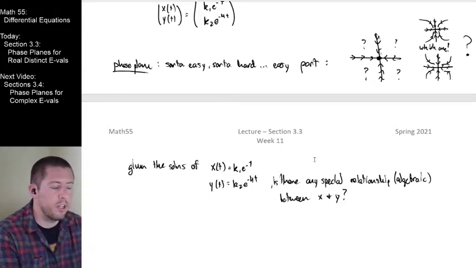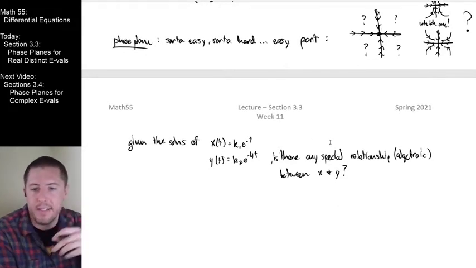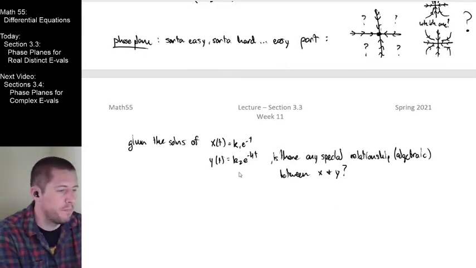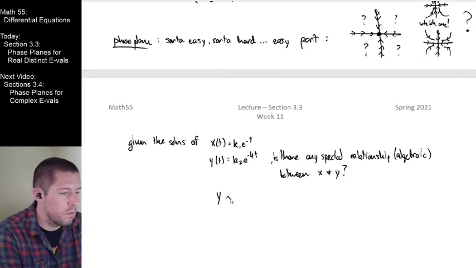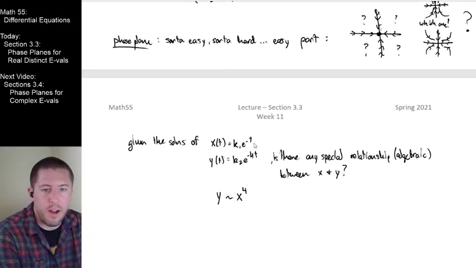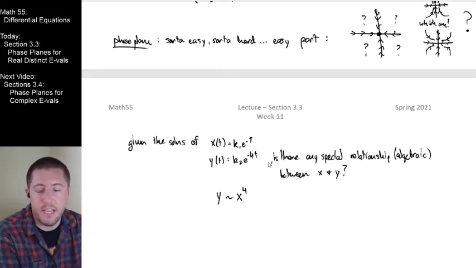Well, yeah. It looks like y is just the fourth power of x, give or take a constant multiple. I'm just taking the fourth power on e to the negative t to get e to the negative 4t, right?